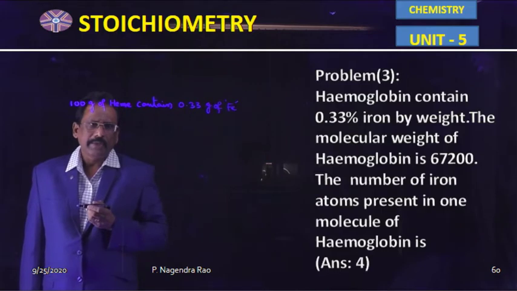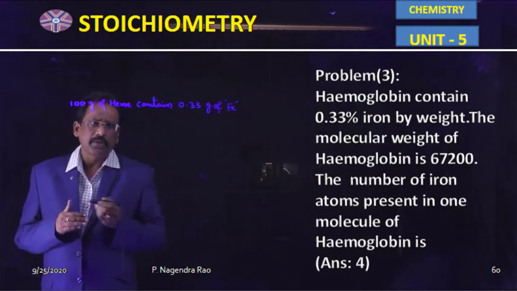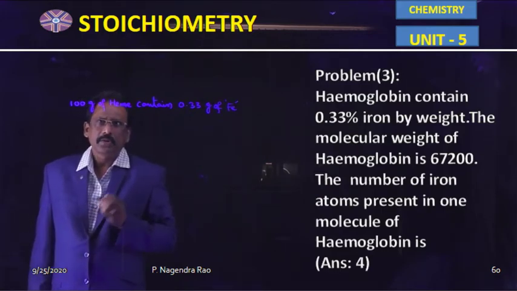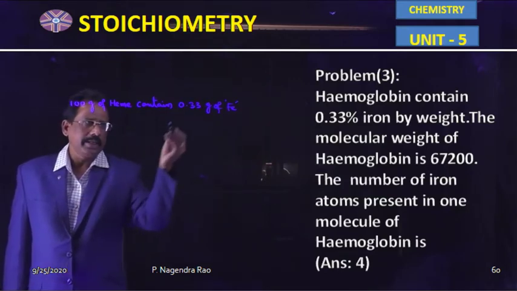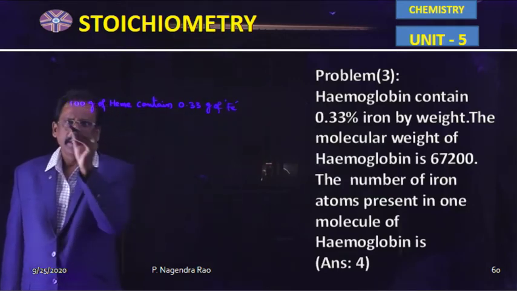Its molecular weight is 67,200 grams. So 100 grams of hemoglobin contain this much weight of iron.